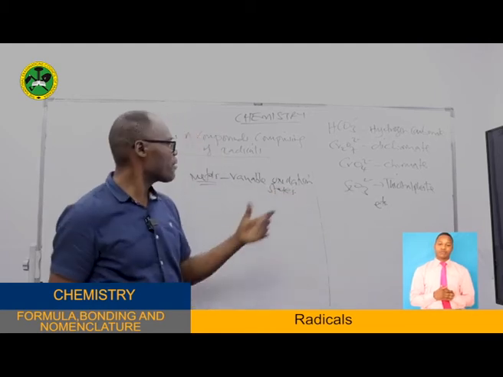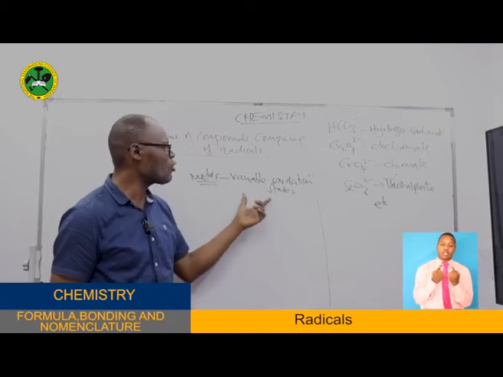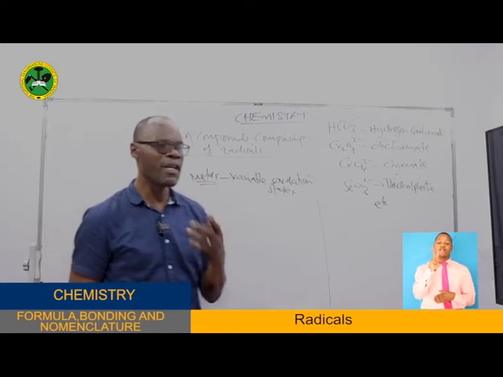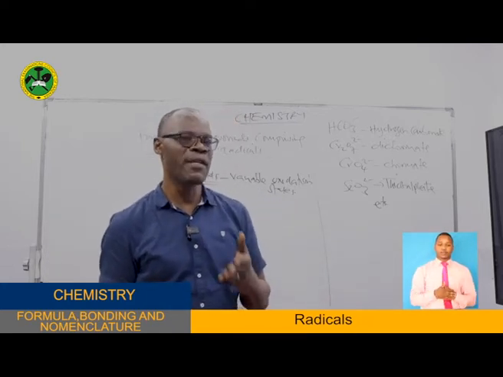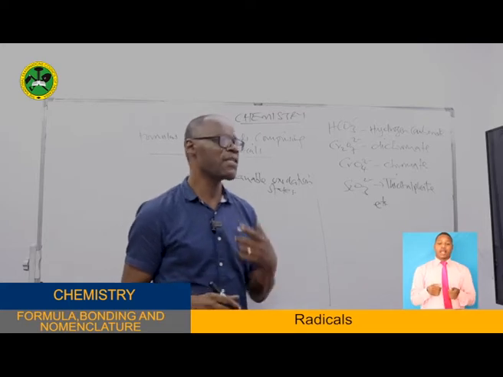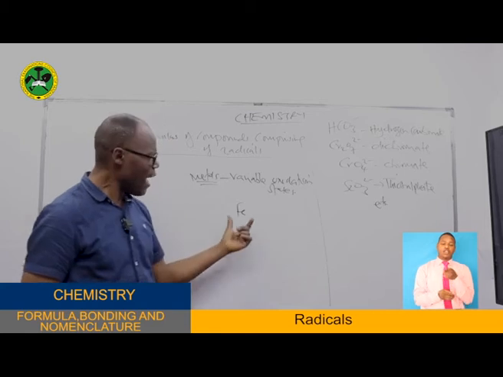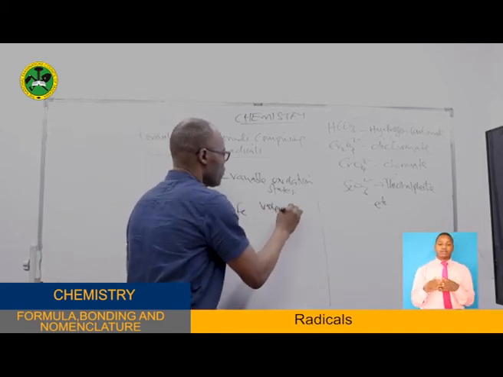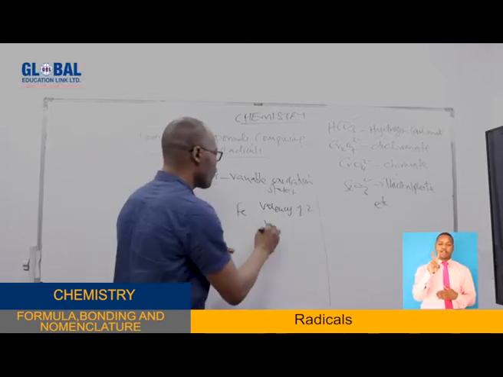So in our last class, we discussed oxidation states, and we mentioned the variability of some oxidation states. That means there are some metals which lose as many electrons as possible depending on what they are reacting with. For example, iron has a valency of 2. But iron also can have a valency of 3.